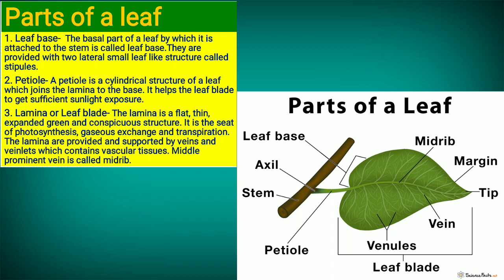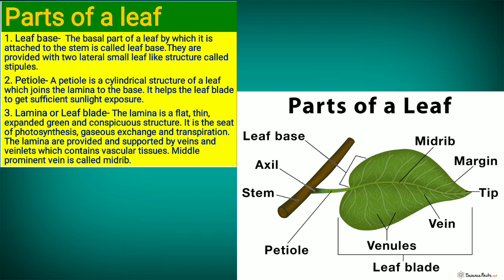So these are the three broadly divided parts of the leaf: the leaf base, which is the point of attachment between the stem and the lamina of the leaf; the petiole, the stalk-like cylindrical structure that joins the lamina to the leaf base and also exposes it to the sunlight; and the whole platform where the physiological activities take place, which is a flat green structure called the lamina or the leaf blade.